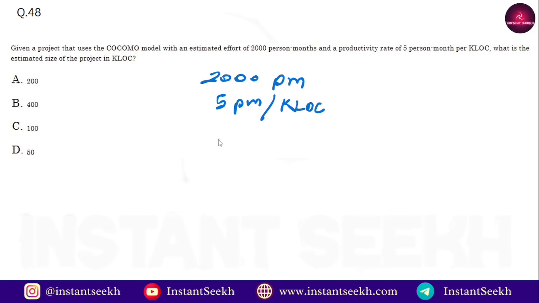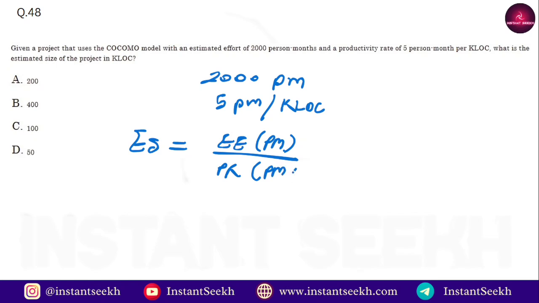So first of all, estimated size is equal to estimated effort in PM, persons month, divided by productivity rate, that is PM per KLOC.